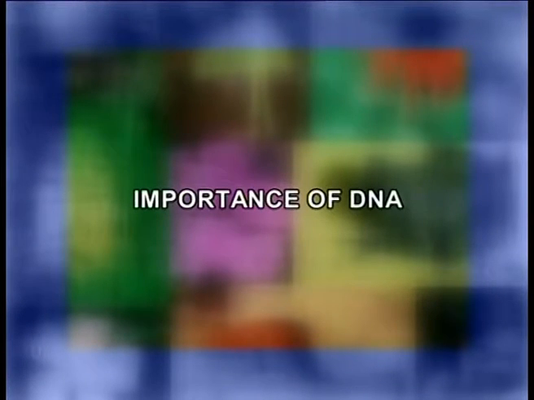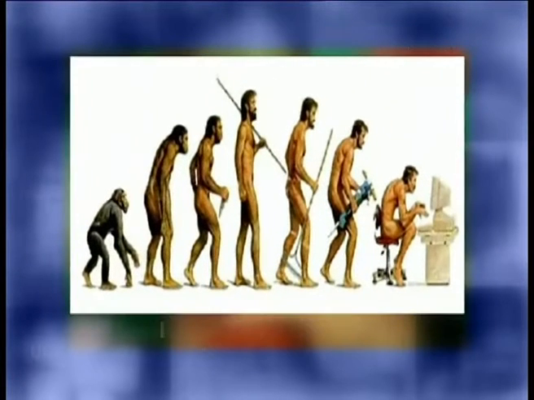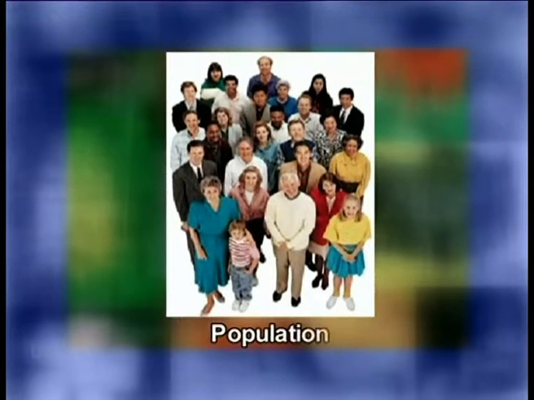Importance of DNA. The following few points reveal how important DNA is. 1. DNA is necessary to make all the RNA and proteins needed for cells to carry out necessary reactions and cellular processes. 2. DNA is essential for evolution. 3. DNA is a fairly conservative molecule and hence it provides stability to the characters of a population. 4.